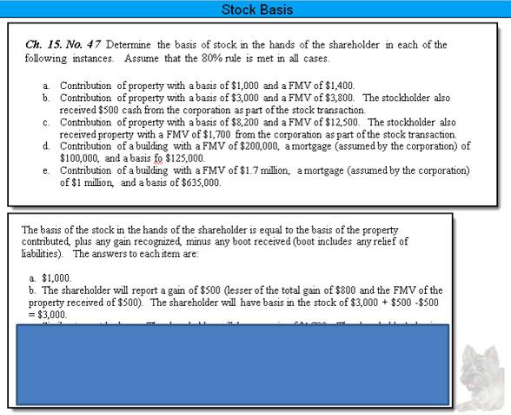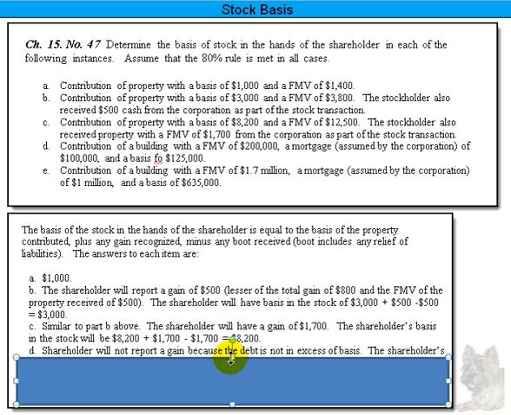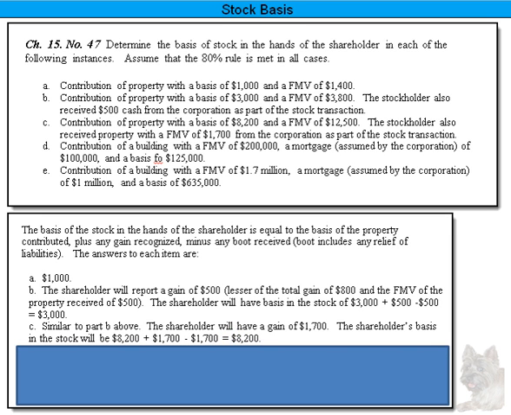All right, now we'll take a look at C. C says we had a contribution of property with a basis of $8,200, a fair market value of $12,500. The stockholder also received property with a fair market value of $1,700 from the corporation as part of the stock transaction.